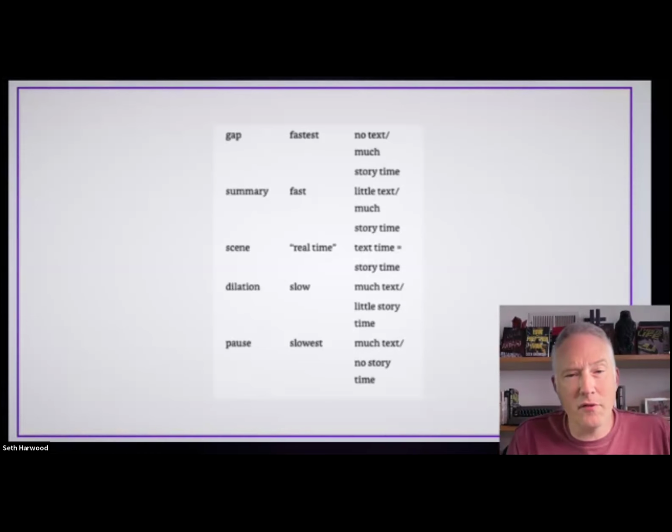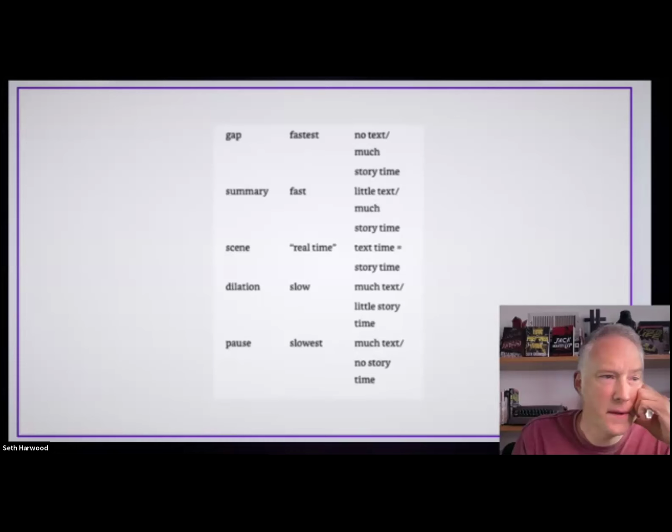But initially, for the first steps in your writing journey, the real goal is to be able to move from summary into scene and know that you're in scene work as you're writing. Let me know if that makes sense to you out there in the chat.